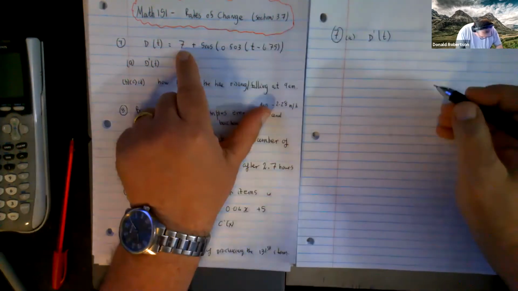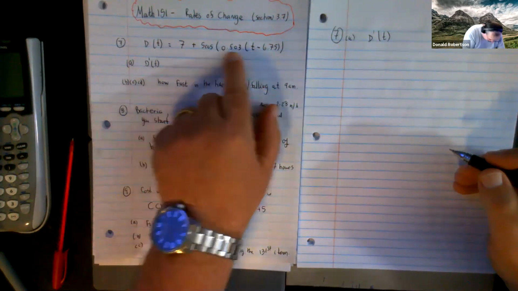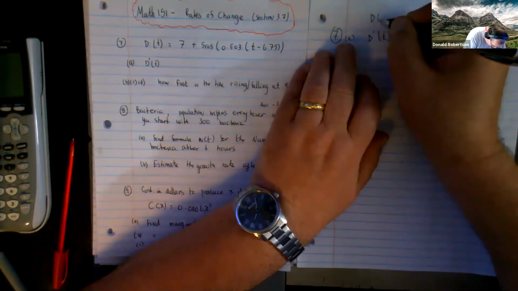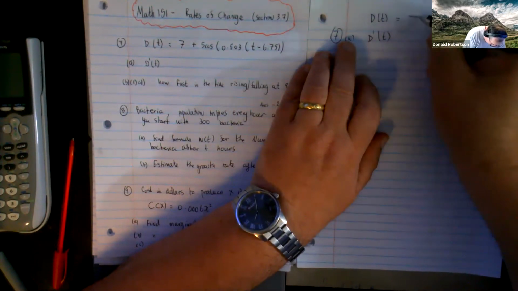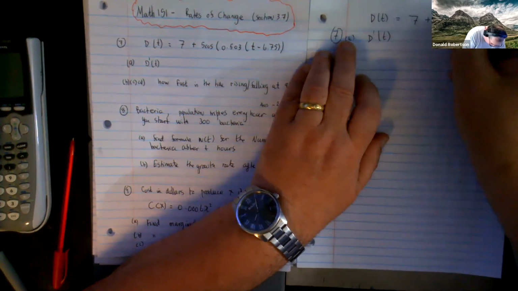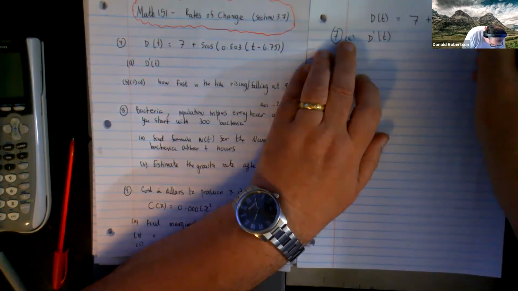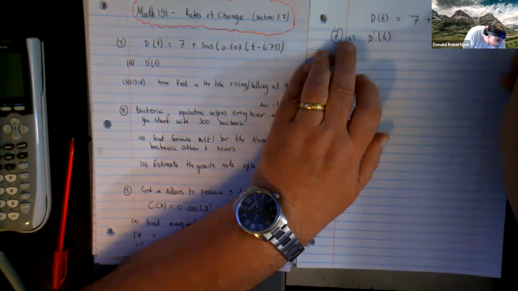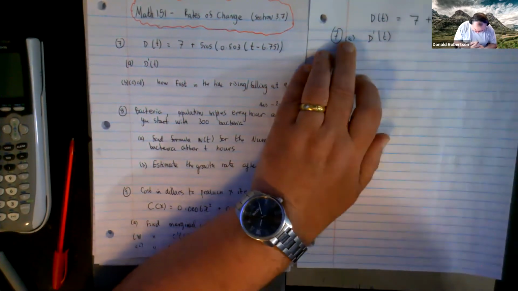So I've got 7 plus 5 cosines of stuff. I'll write it up here. The formula for the depth of the water in the harbour is this ugly guy. Don't get distracted.